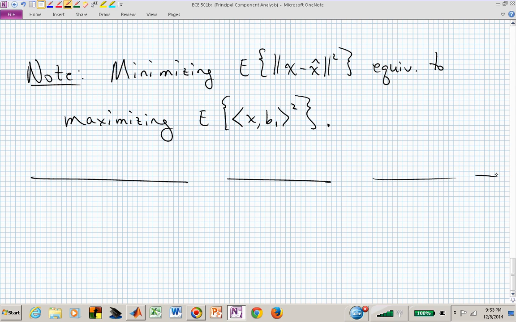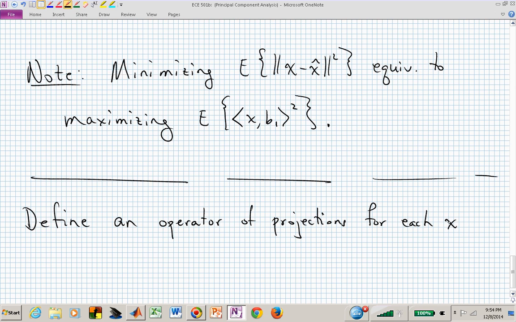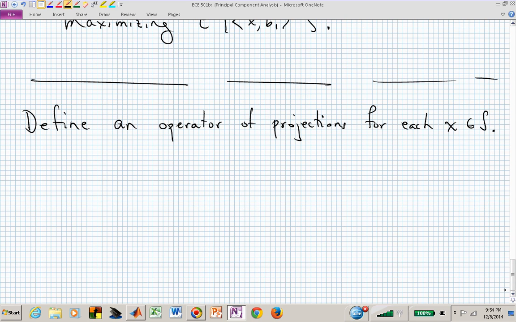Now to do that with all of the data, let's formalize that. Let's define an operator of projections for each x that we have in our underlying finite dimensional vector space S. For each vector, let's take that and stack those so that we convert x into a row vector.